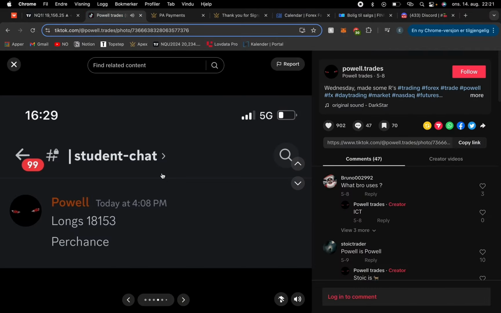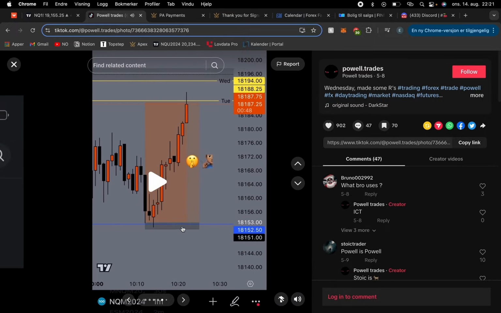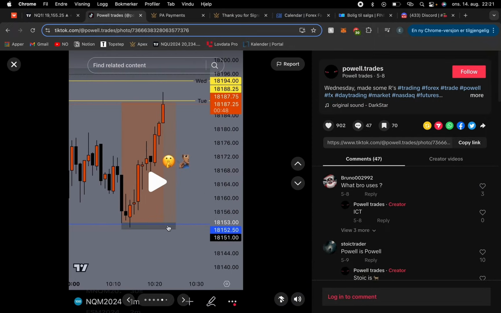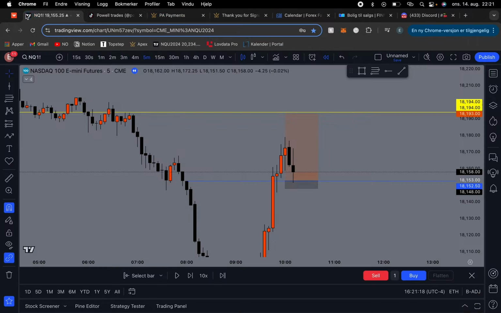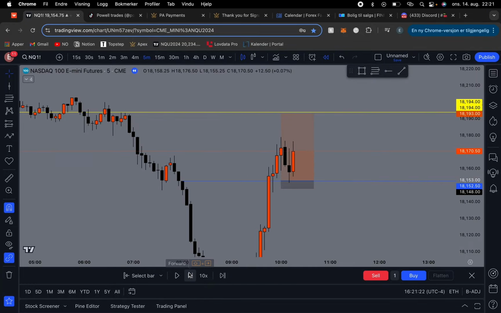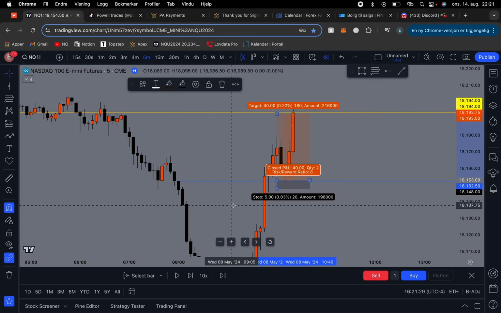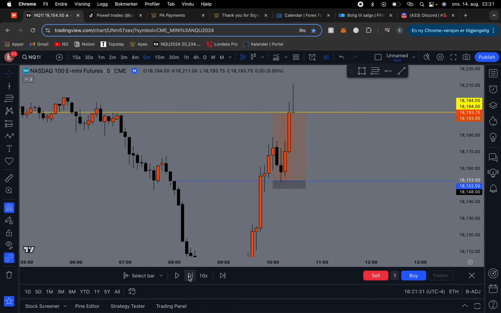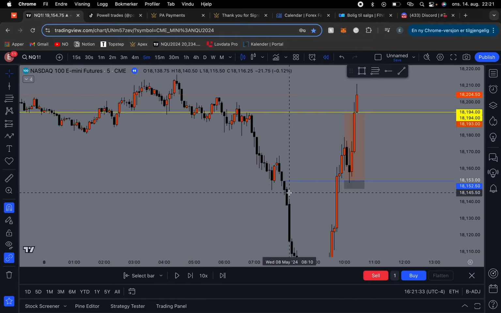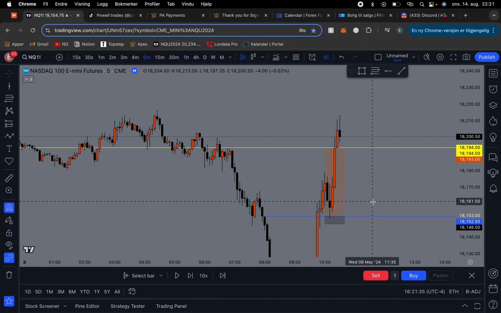It was either a 5 or a 3. I don't remember. 3. Okay. Anyways, it taps you in, very minimal drawdown, and just rips up to true day open, which would have been my TP, and continues trading above it.